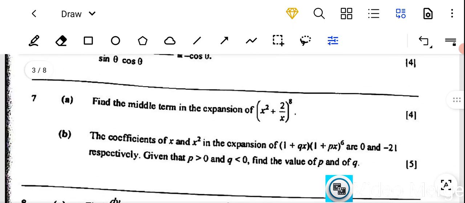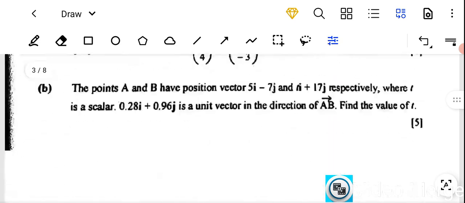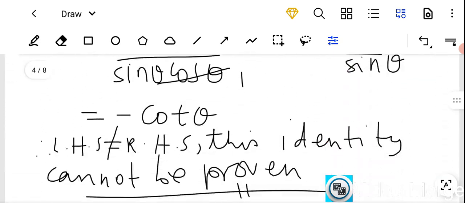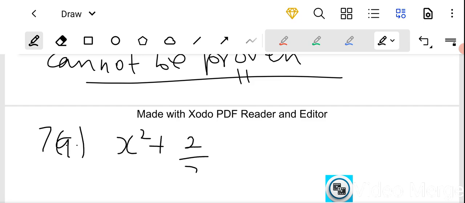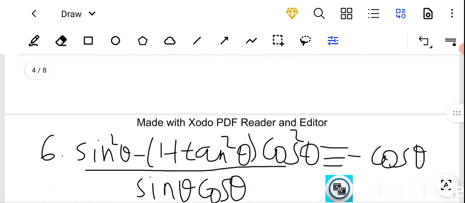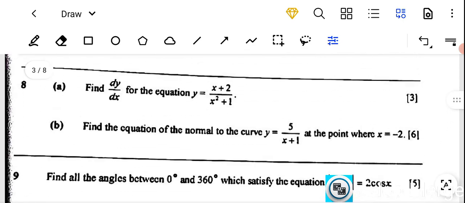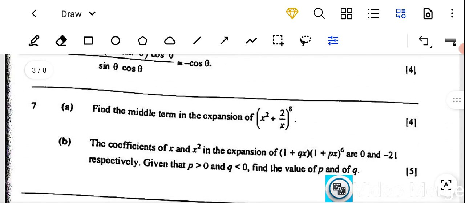So x squared plus 2 over x to the power 8. I also need to bring out that explanation. I believe that's 7a. X squared plus 2 over x to the power 8, and you want to find the middle term of that.